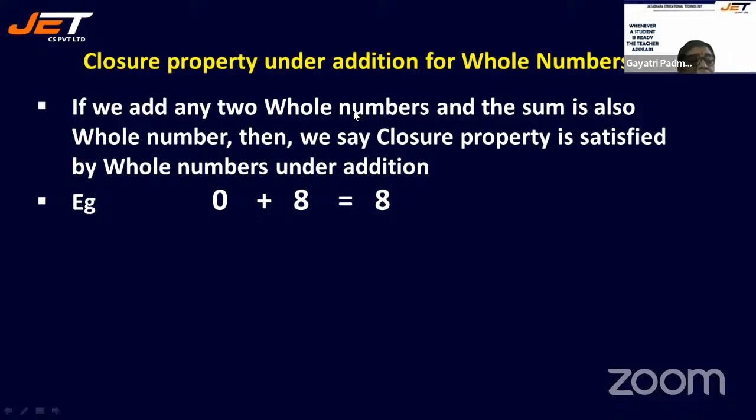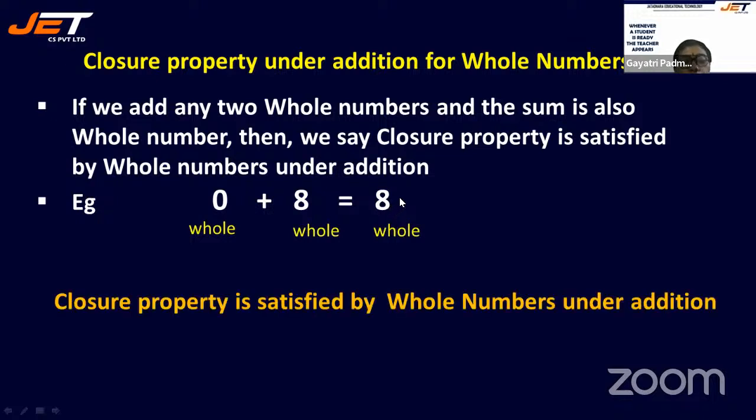For example, we take 0 plus 8, which is 8. 0 is a whole number, 8 is a whole number, so your resultant figure is also a whole number. So the closure property is satisfied by whole numbers under addition. Let us try some more examples. Let's take a whole number 0 and another whole number, say 365.